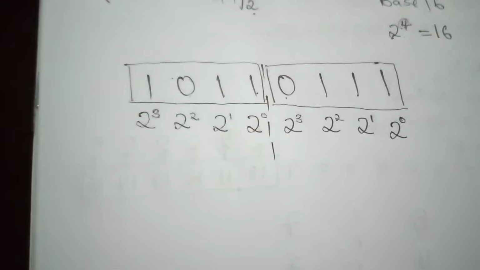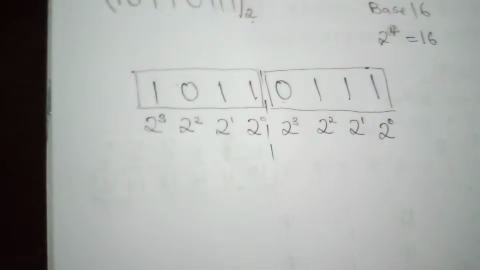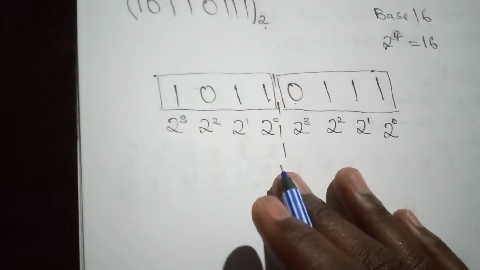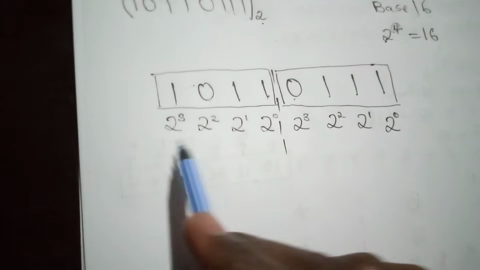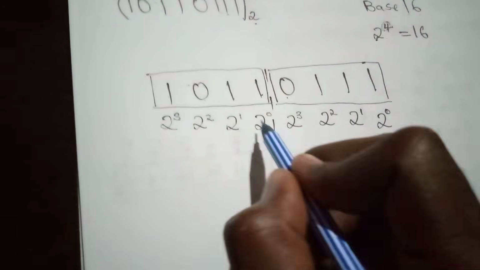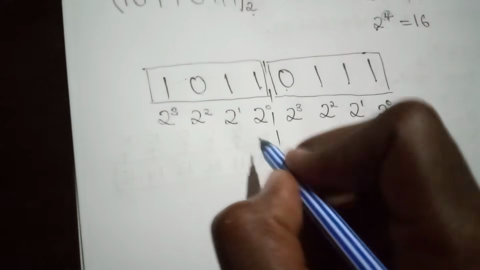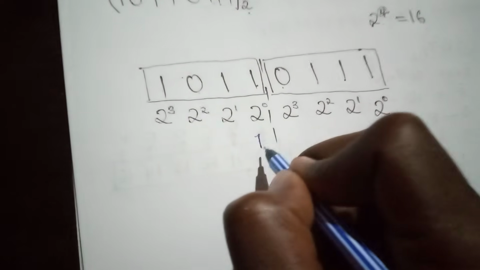So that is 3. This is 2. Okay, so we proceed. From there, what you're going to do is simplify these numbers. Any number raised to power 0 is 1.